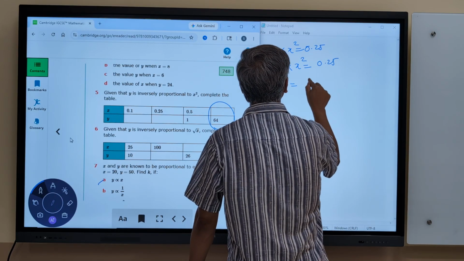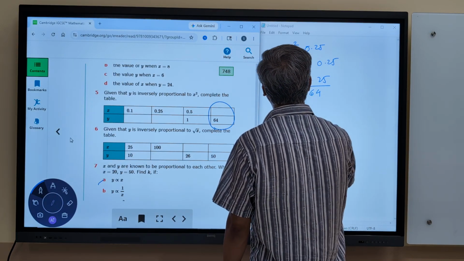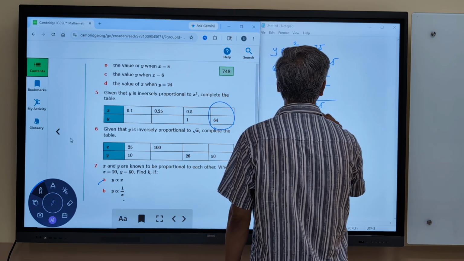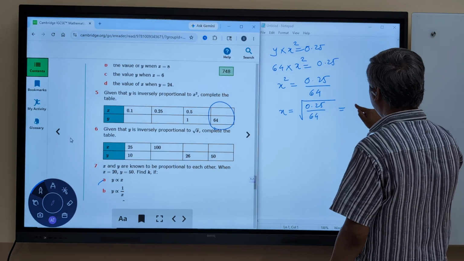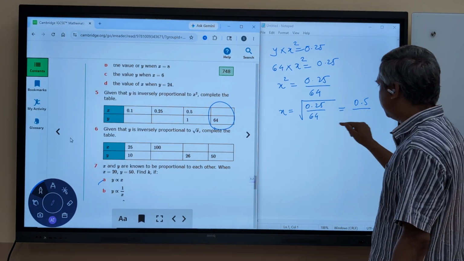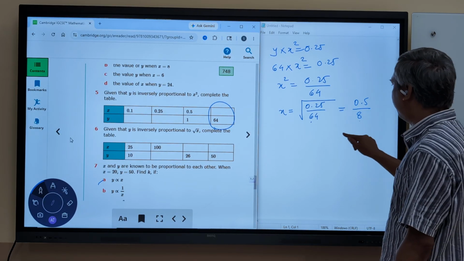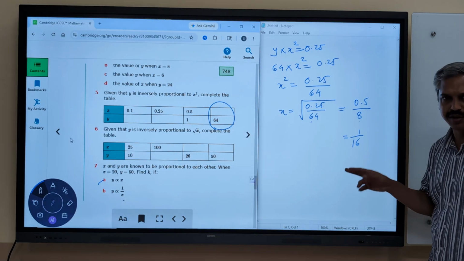X square is equal to 0.25 upon 64, and x is equal to the square root of 0.25 upon 64. 0.25 is the square of 0.5, so the square root will be 0.5. The square root of 64 is 8. So 0.5 upon 8 or 1 by 16. Both are correct answers.